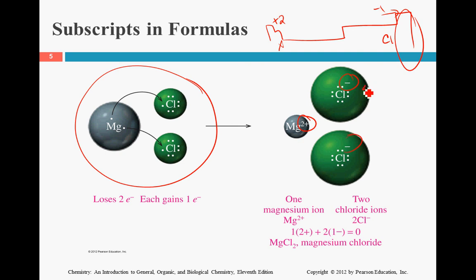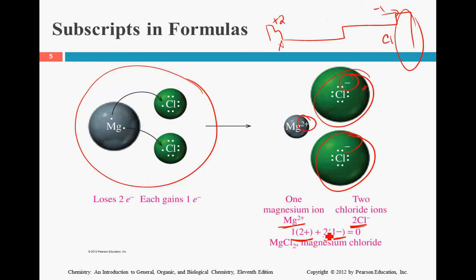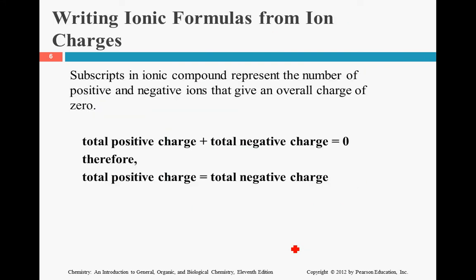We need 2 of the chlorines to balance out 1 of the magnesiums because those charges need to be balanced. They need to cancel each other out. So those subscripts that we're seeing here tell us how many we need of each, so that the total charge is 0.